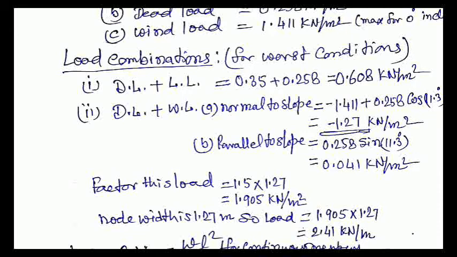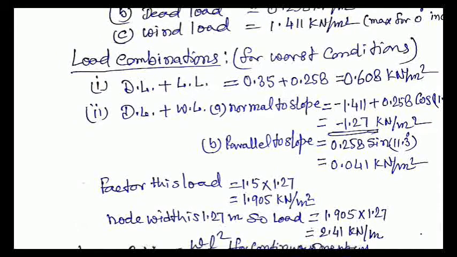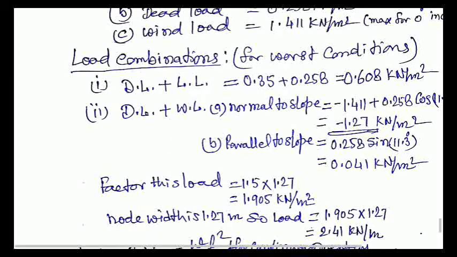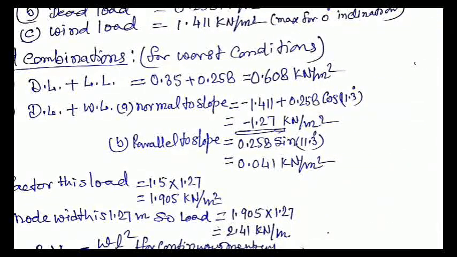So dead load plus live load, first of all, this is 0.35 plus 0.258, it comes out to be 0.608 kilonewton per square meter. But dead load plus wind load, normal to slope, it comes out to be minus 1.411.